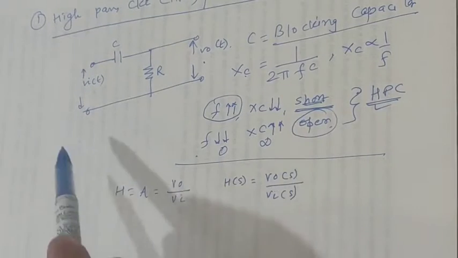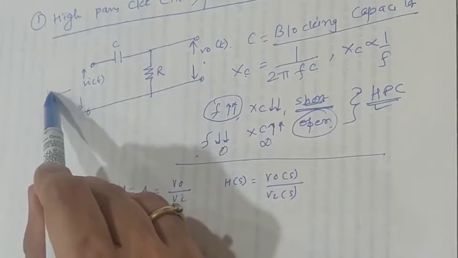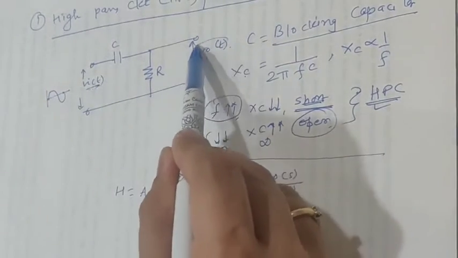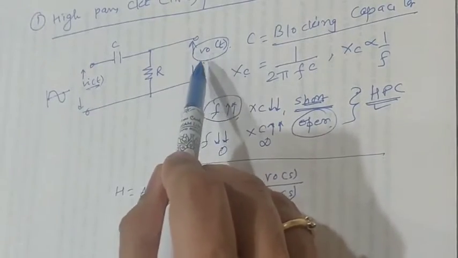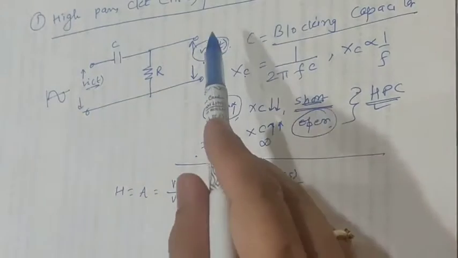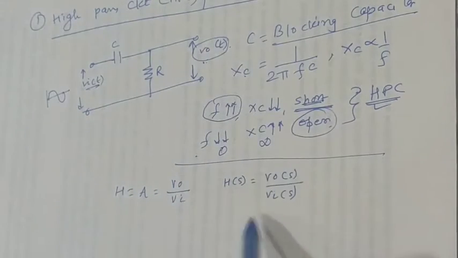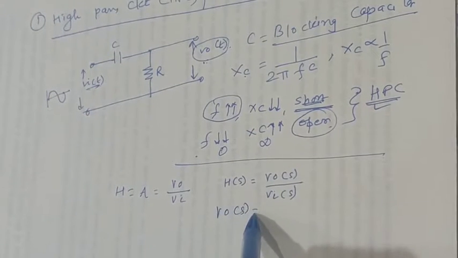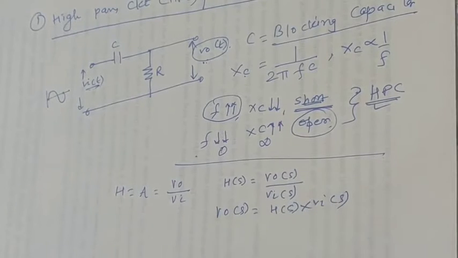Because I will be applying different signals to this particular circuit. Let me talk about the sinusoidal signal. If I apply a sinusoidal signal, I need to find what the output will be, how the circuit is going to alter the sine wave and how the output will look. Of course, if you want to construct the output waveform, we need the expression for V0. So from here, if I rewrite the expression for V0, V0 of S is going to be H of S multiplied by Vi of S.